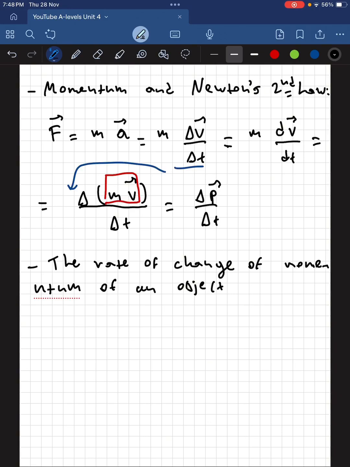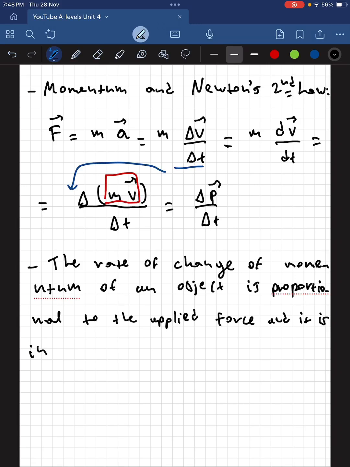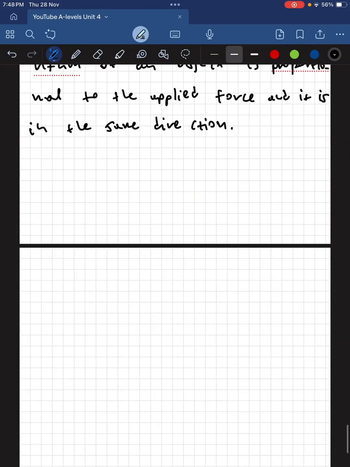It is delta P over delta T. The rate of change of momentum of an object is proportional to the applied force, okay, and it is in the same direction, okay? So this is an alternative expression for Newton's second law.